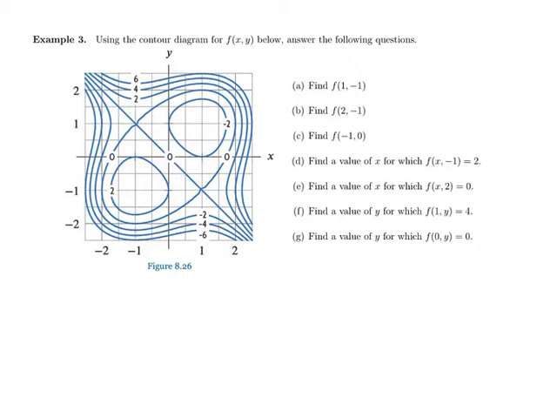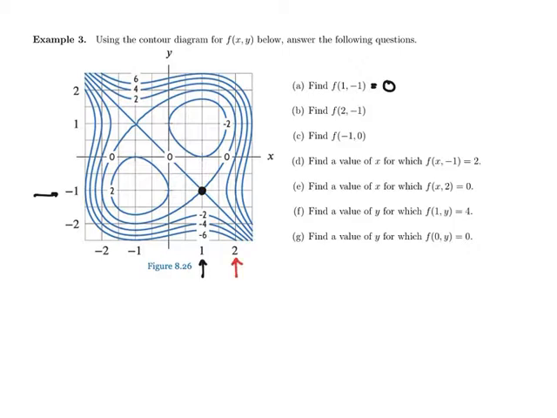All right, so first question, find f of 1, -1. So that is, we're going to have x be 1, we're going to have y be -1. That corresponds to this point right there. And that's going to give us a value of 0 because we're on that contour line labeled 0. Let's do the same thing for f of 2, -1.